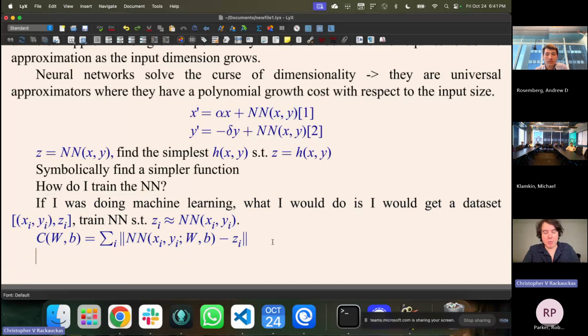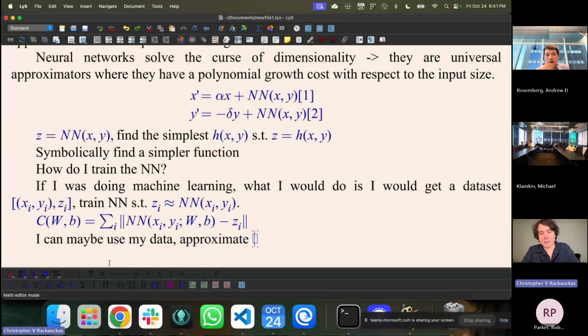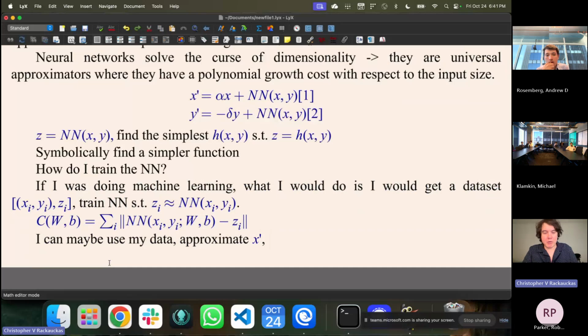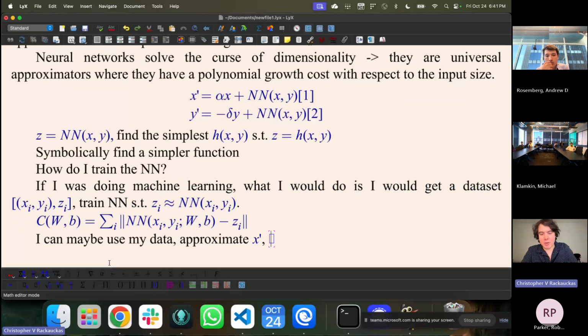So what can you do? Well, first thing that you can think of is, I need to get this z sub i. So what I can do is use my data, approximate x prime from the data, and after I approximate x prime, I can do x prime minus alpha x, right?